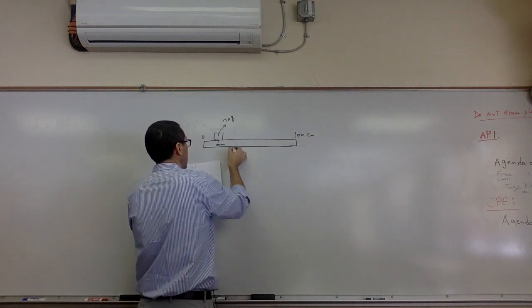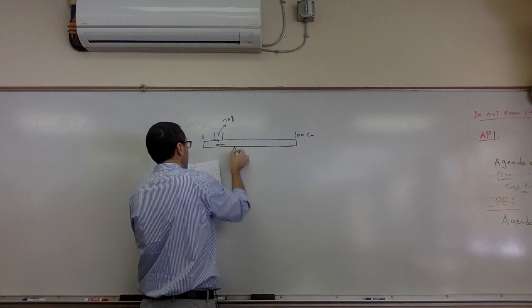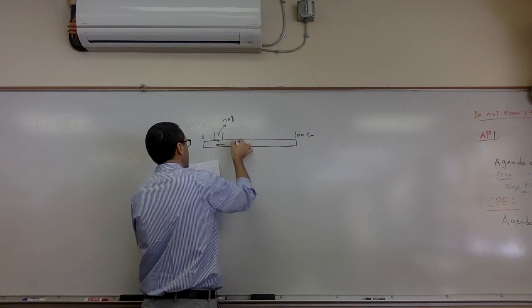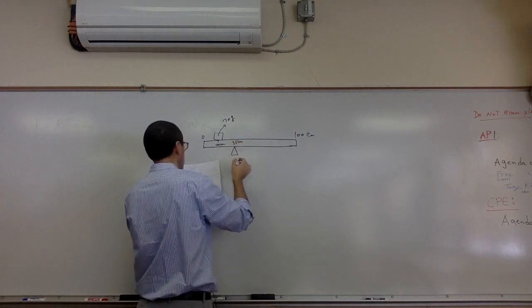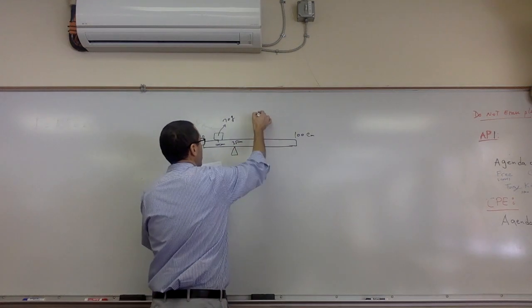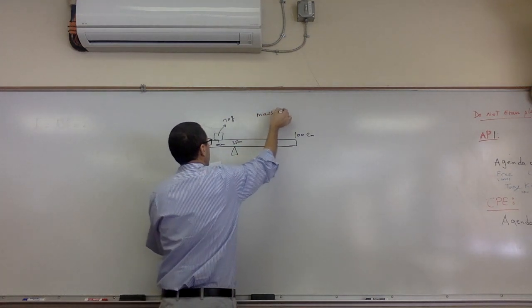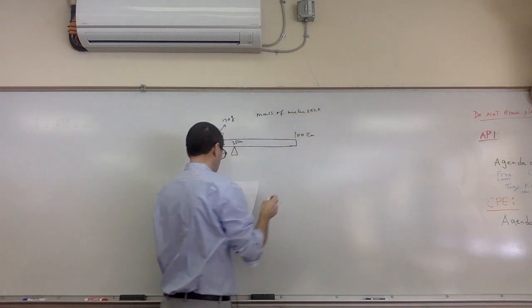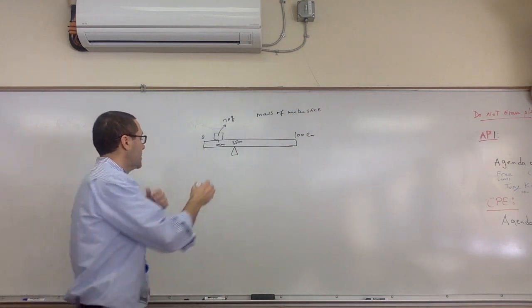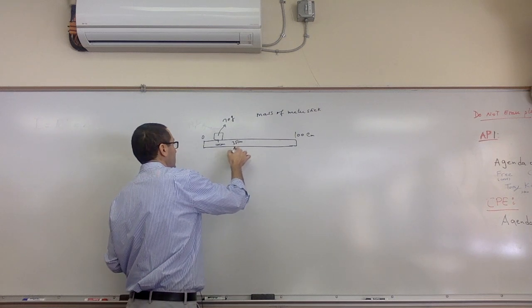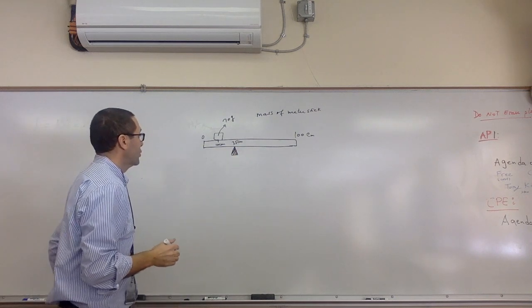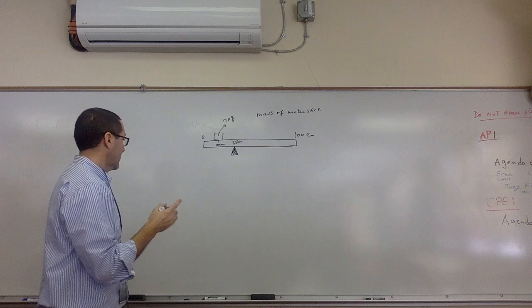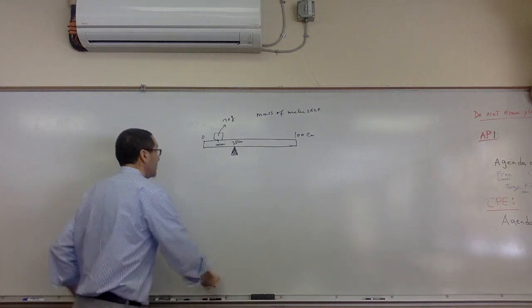Now we're going to put a pivot point at the 35 centimeter mark. And we're trying to figure out the mass of the meter stick. So this is my pivot point, and you're going to see this in the lab. In order for this to be balanced, clockwise torques have to be equal to the counterclockwise.